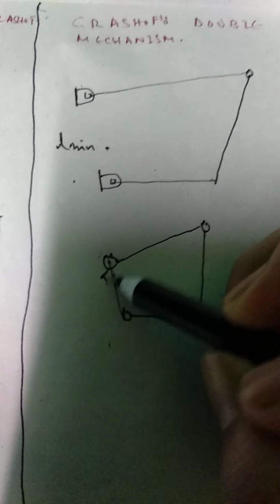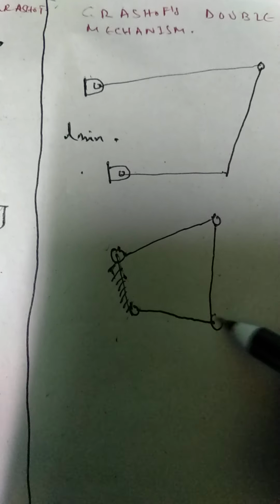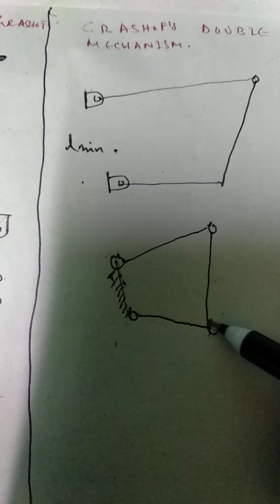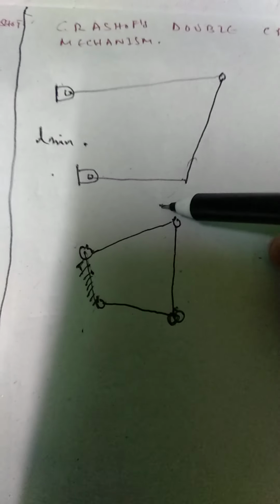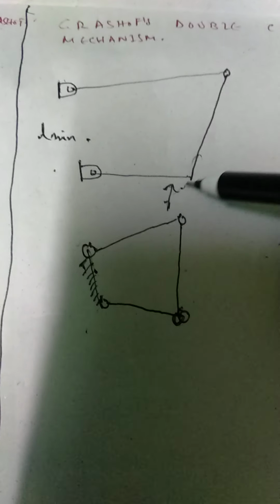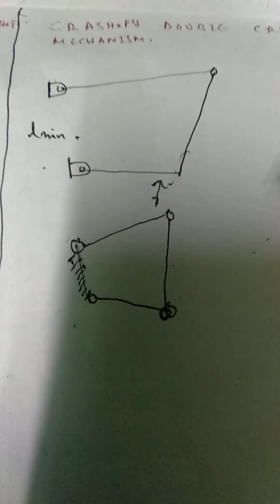So the mechanism will look like this, and the fixed link is the L min.